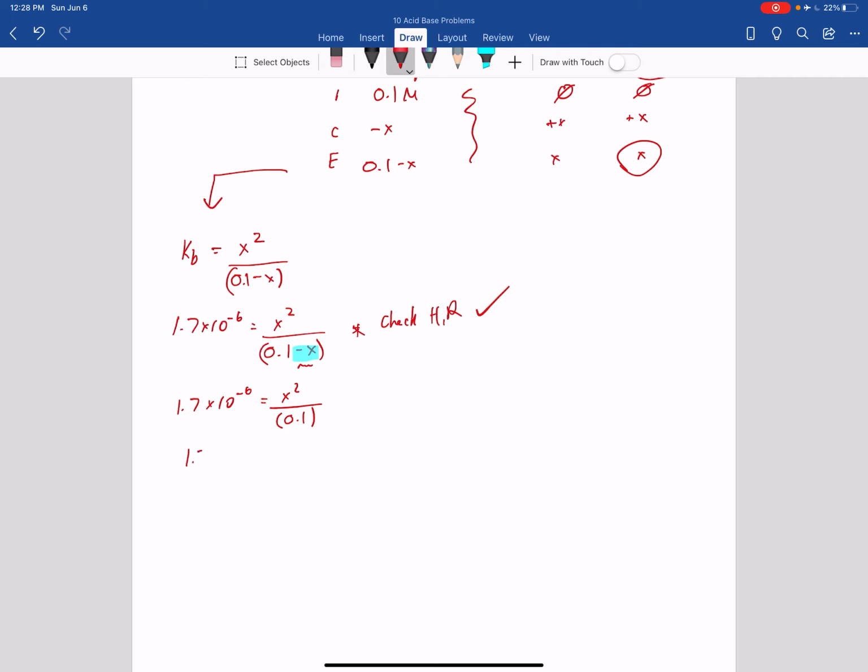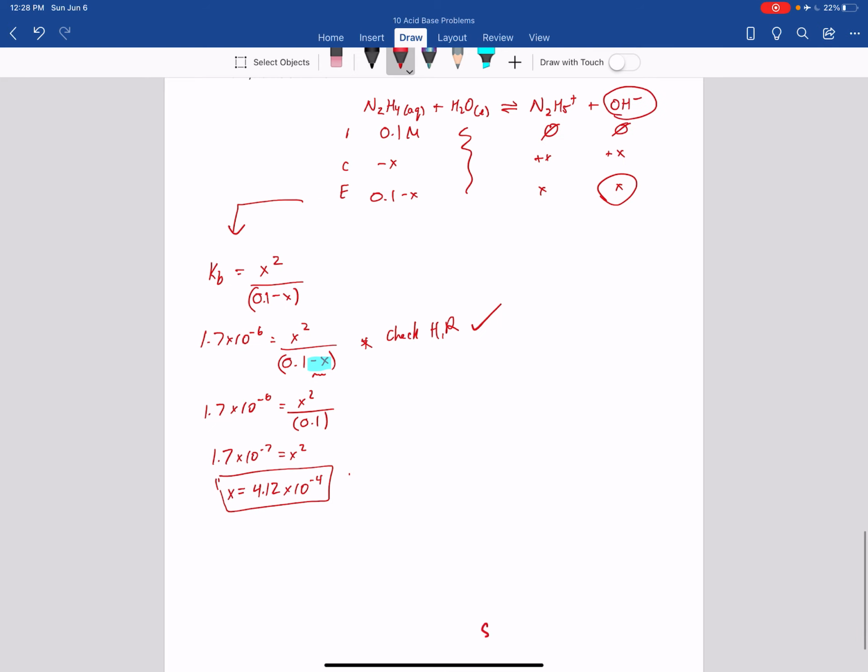So as we cross multiply and isolate for x, we'll get this value here, and then we'll take the square root of it, and we'll see that x equals 4.12 times 10 to the negative 4. So what we want to do with that is sub it back in, because it'll tell us what the hydroxide concentration is, which allows us to determine pH.